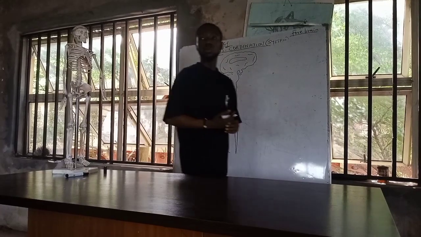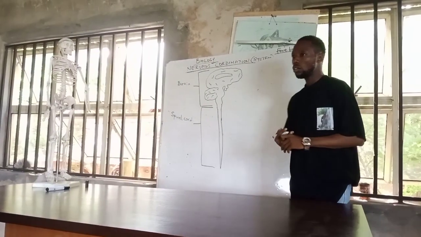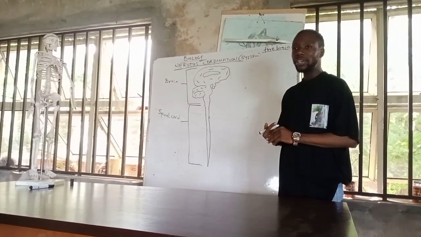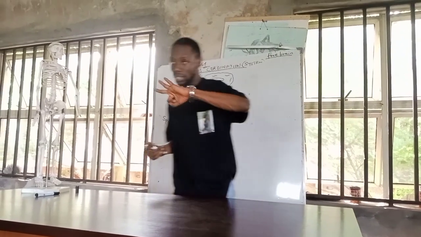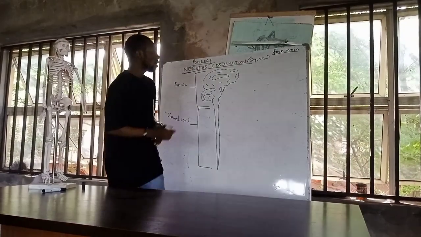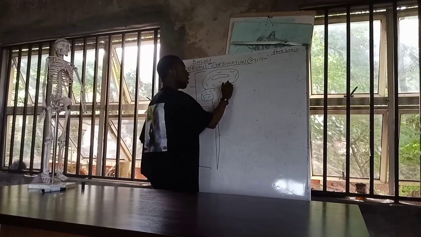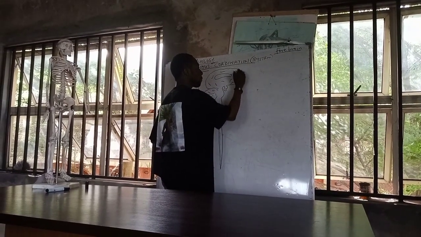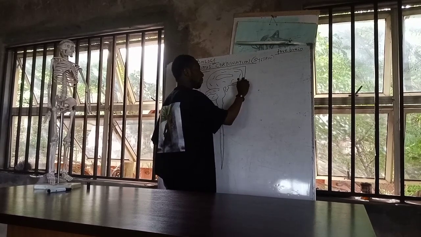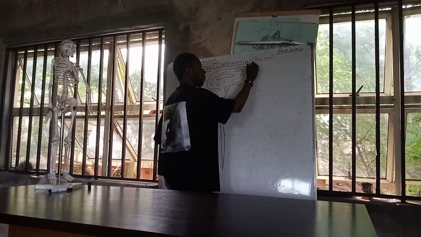Now, first of all, we're going to look at different levels of the brain. The human brain is divided into 3 different levels. Here we have the forebrain. This is the forebrain.